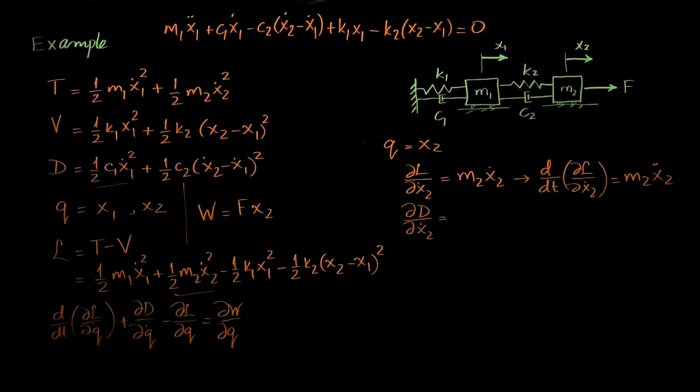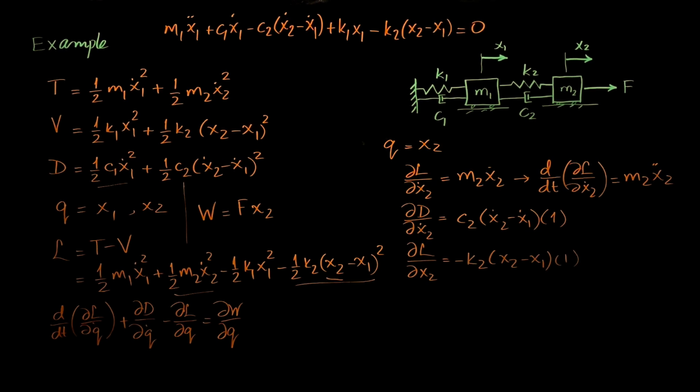The second term, c2 (x2 dot minus x1 dot), and the derivative of x2 dot inside is 1, so times positive 1, and derivative of the Lagrangian with respect to x2 is just the last term, which is minus k2 (x2 minus x1), and the derivative of x2 inside the bracket is again positive 1.